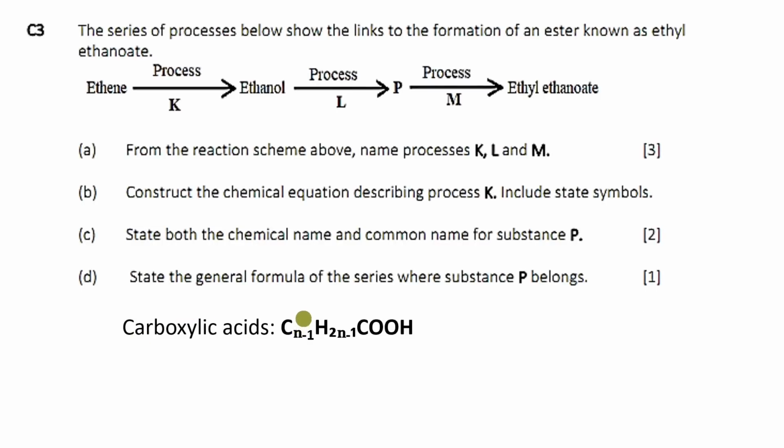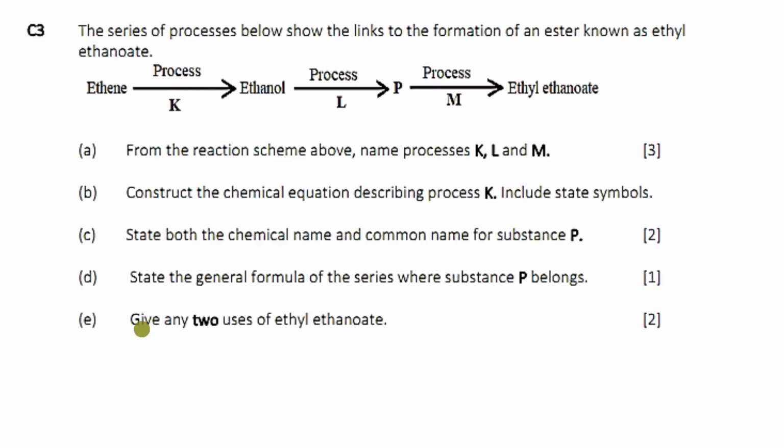So carboxylic acid, the general formula is C(n-1)H(2n-1)COOH. Here it's this one. So this is the one we can use to know this. Then we come to E, give any two uses of ethyl ethanoate, this ester.